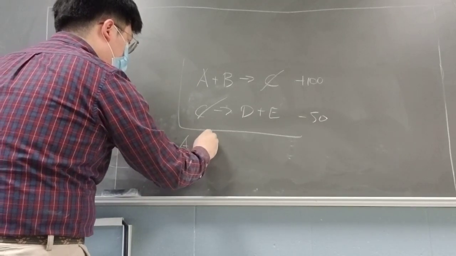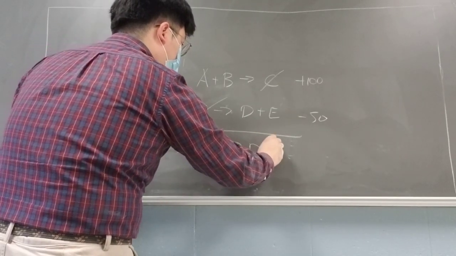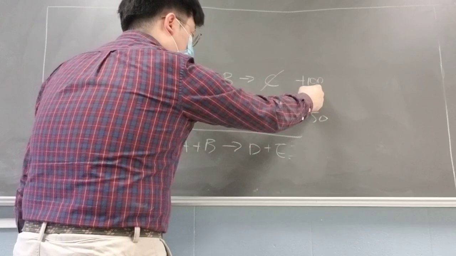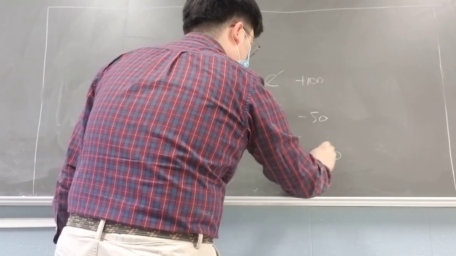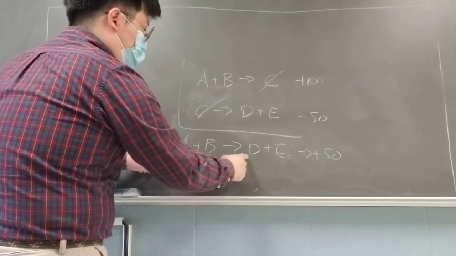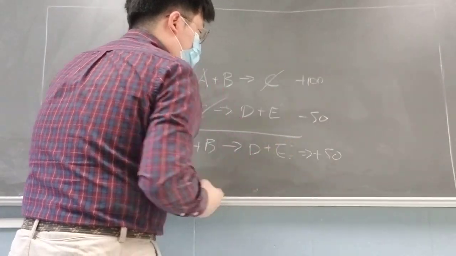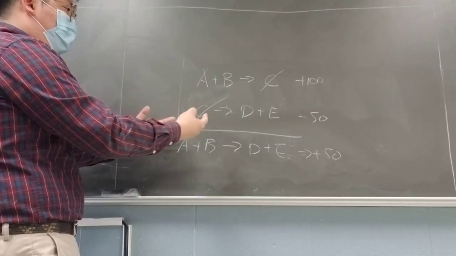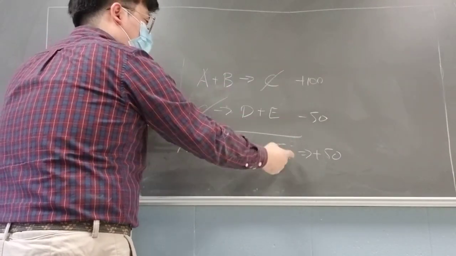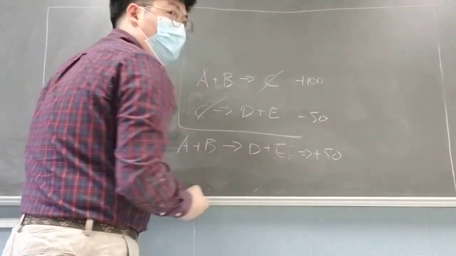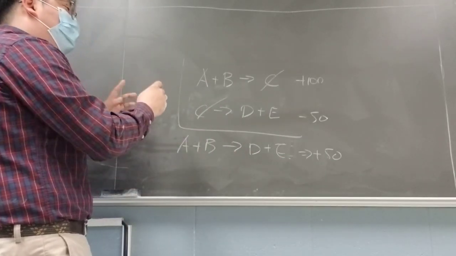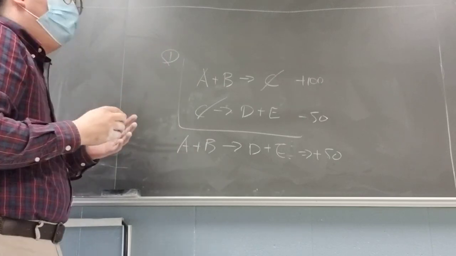A plus B becomes D and E, and you just add them all, so it will become plus 50 for the enthalpy change. So this is the first rule of Hess's law.